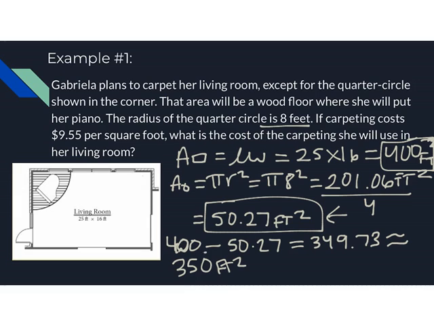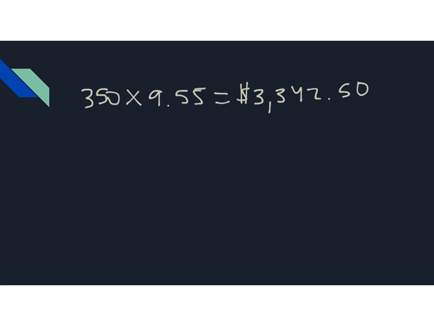If I need 350 square feet, we need to figure out the price of it now. Carpet's going for $9.55 per square foot. So now that we know the amount we need, we multiply our 350 times 9.55 in order to get our cost. And we see that it is $3,342.50 to carpet that living room.